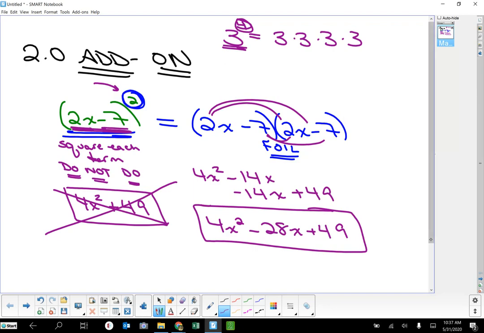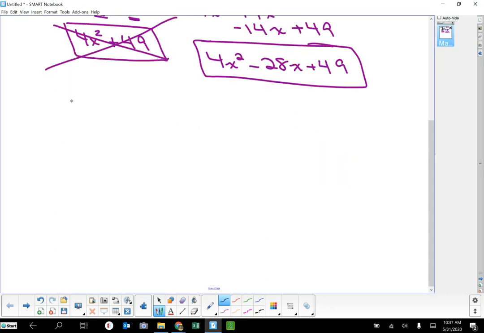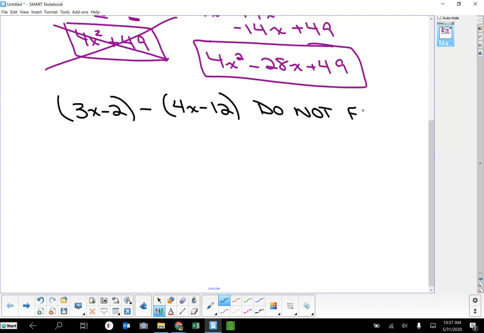And then the other thing that I want to just say is this gets a lot of kids in varsity. They will give you a question that looks like this: 3x minus 2 minus 4x minus 12. You do not FOIL this, right? And why do you not FOIL?